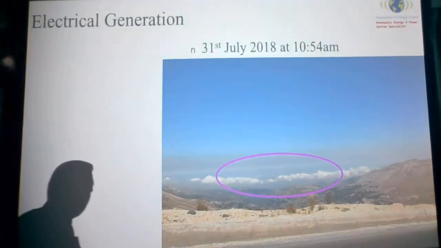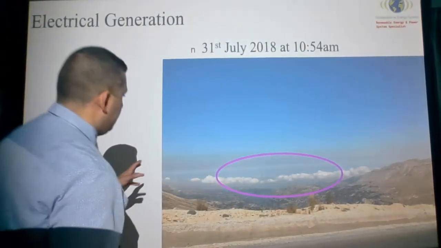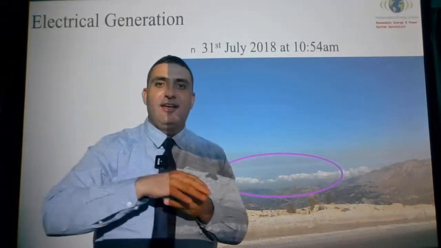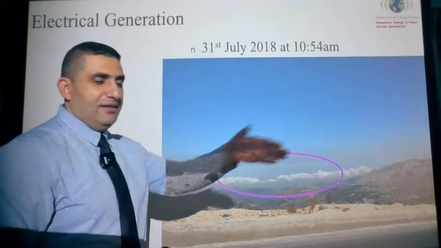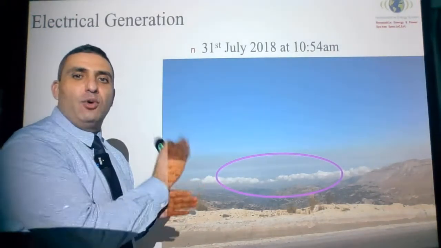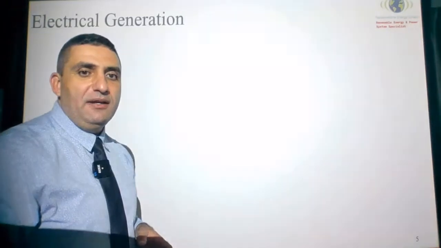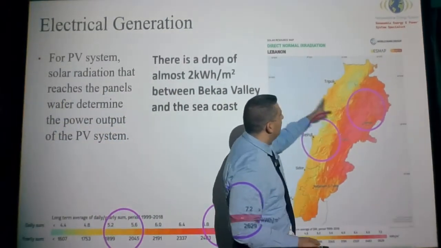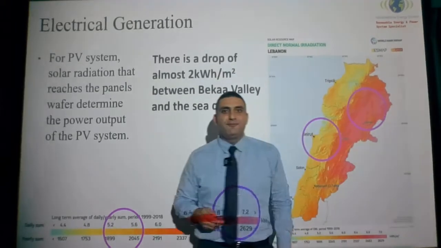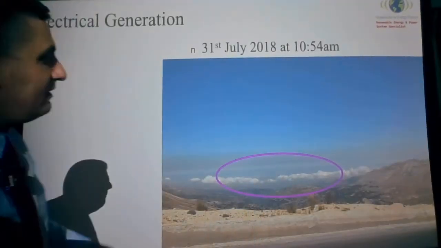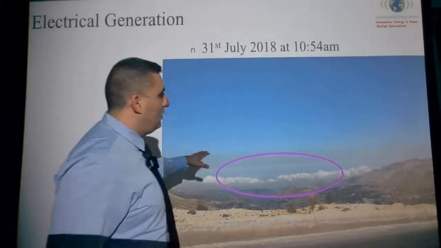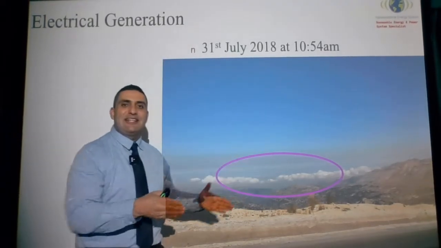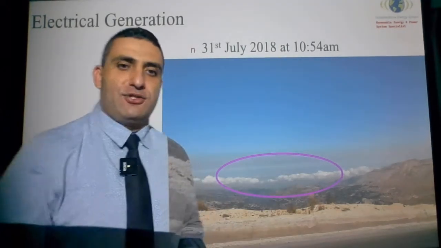cloudy like this. In English, guys, this picture is being taken while I'm standing on the western mountain looking at the water, which means I'm standing on this mountain and facing the coast. And you can see the amount of cloud or water evaporation that's been stuck between this mountain that's very high and the coast.